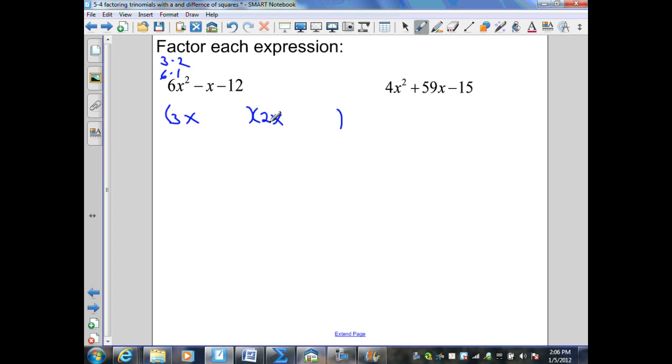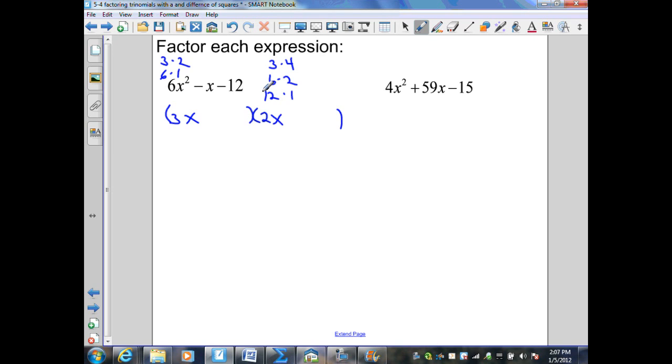And now I know 12 has several different sets of factors. That could be 3 times 4, and of course 4 times 3, 6 times 2, and of course 2 times 6, and 12 times 1, or 1 times 12. And hopefully we hit on the first lucky one so we don't have to keep going through set after set after set.